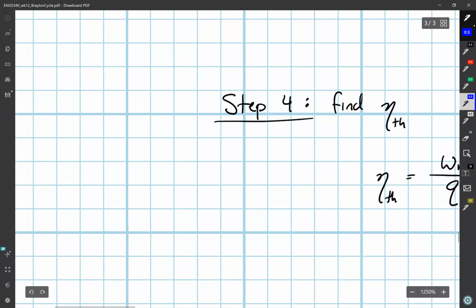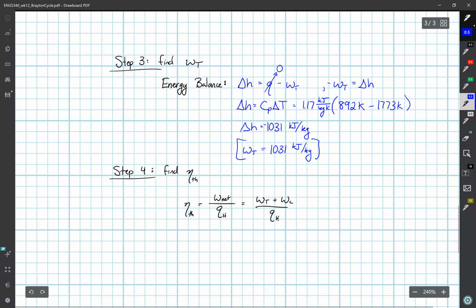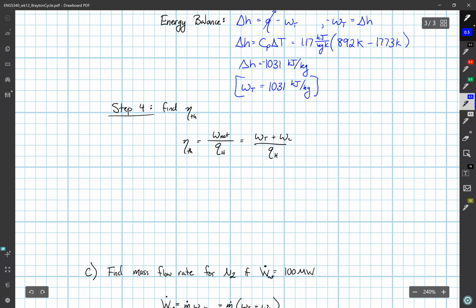We were asked to find the thermal efficiency. Thermal efficiency is net work, right? What we want over what we had to put in. So the net work that we're getting out divided by the heat that we had to put in. So our thermal efficiency is equal to our net work, that's the turbine, 1,031 kilojoules per kilogram, minus the work that we had to put into our compressor.